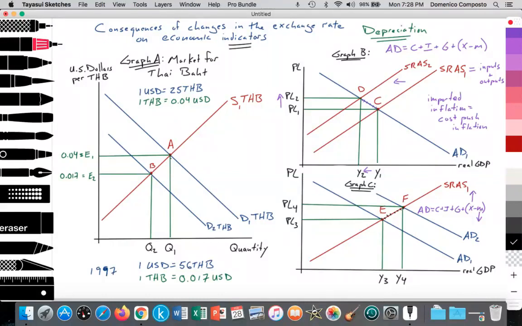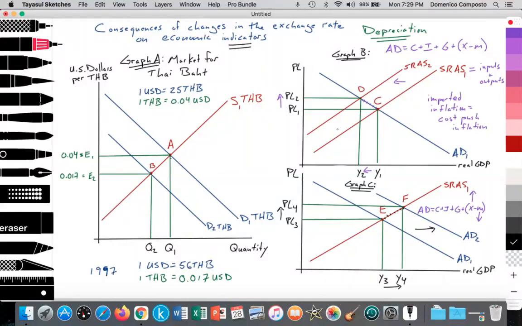If exports exceed imports, that causes the AD curve to shift outward from AD1 to AD2, leading to demand-pull inflation, real GDP rising from Y3 to Y4. That increased aggregate demand by foreigners demanding Thailand's exports leads to more domestic production to meet that demand, and Thai firms are employing more resources like labor, so unemployment is falling from E to F.